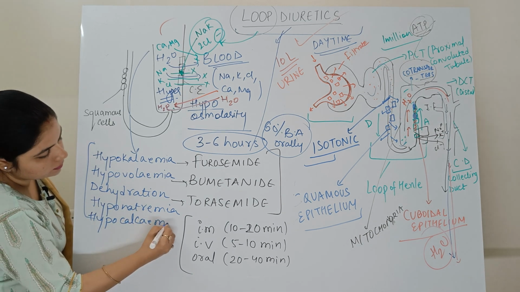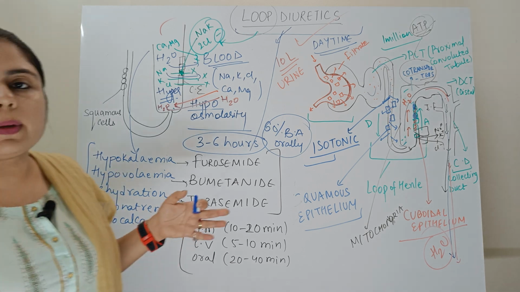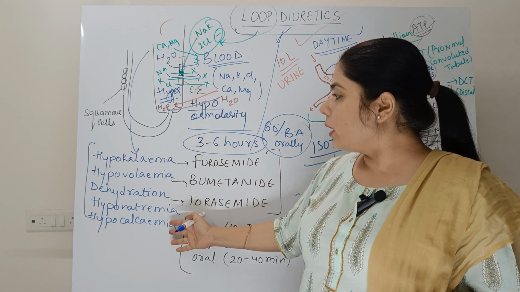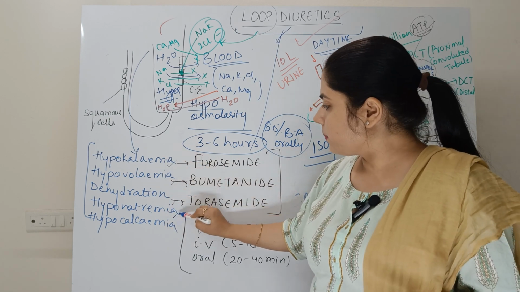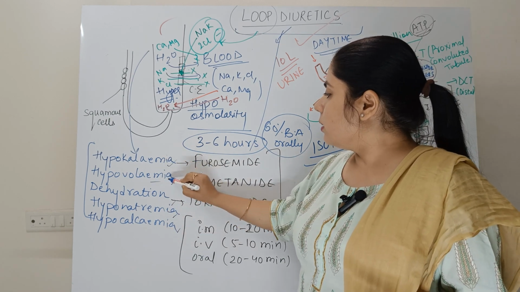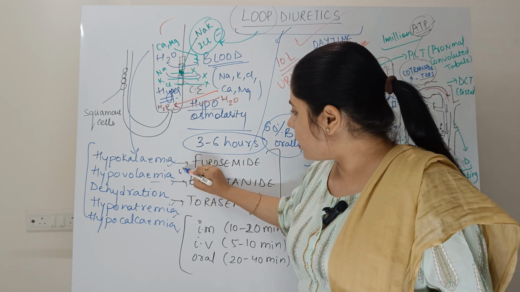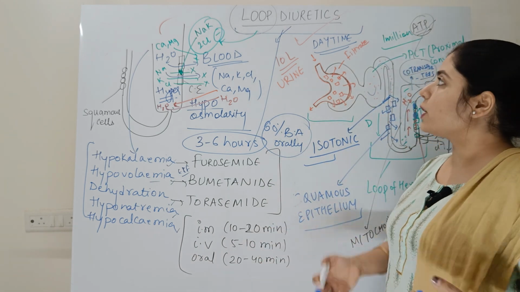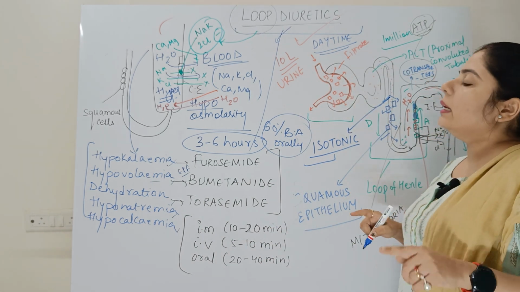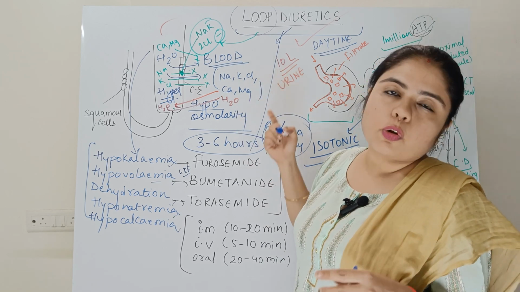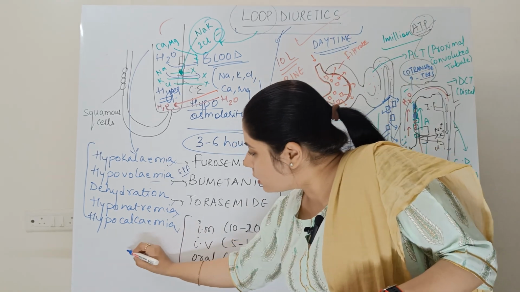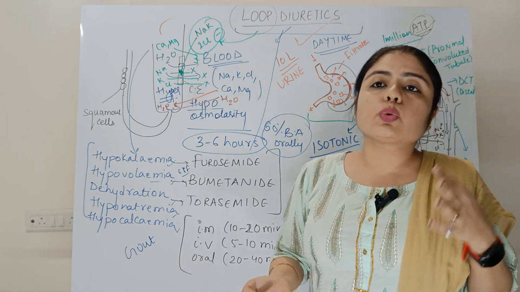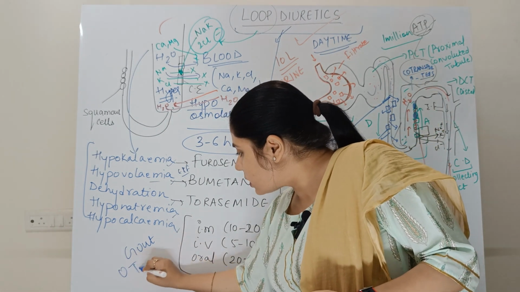Excessive loss of potassium, excessive loss of sodium, excessive loss of calcium, excessive loss of water, and excessive loss of extracellular fluid can lead to these conditions. So these are the side effects of loop diuretics. In addition to that, these drugs also trigger gout in patients. One more side effect of this drug is damage to the inner ear, or we can also call it ototoxicity.